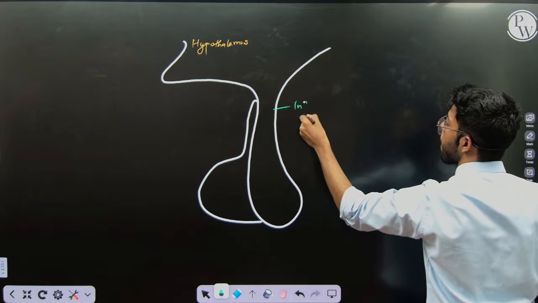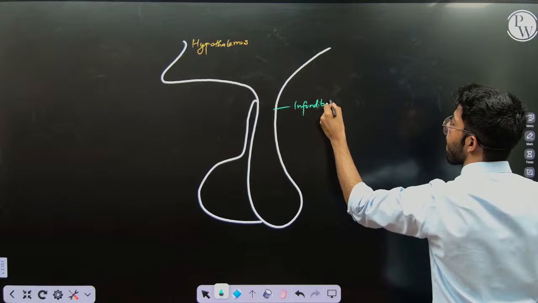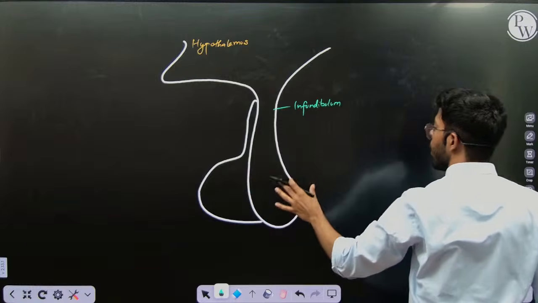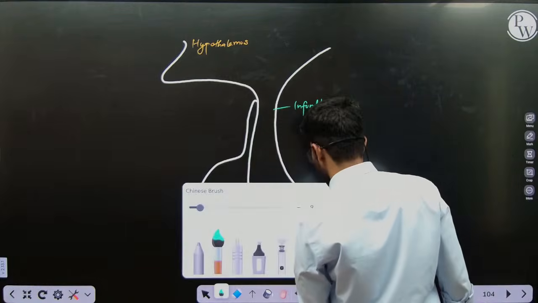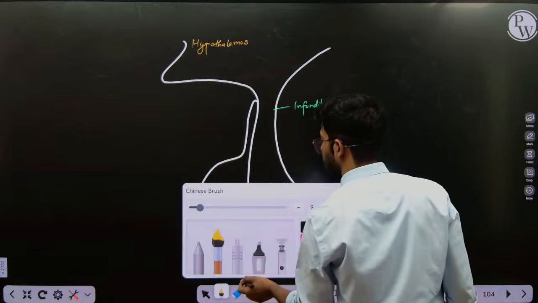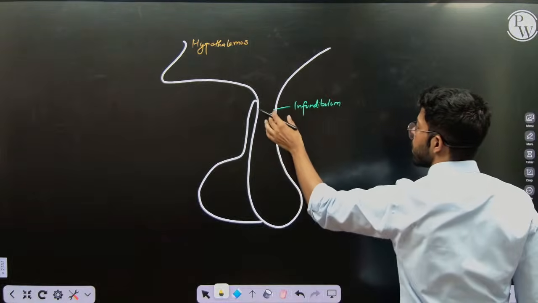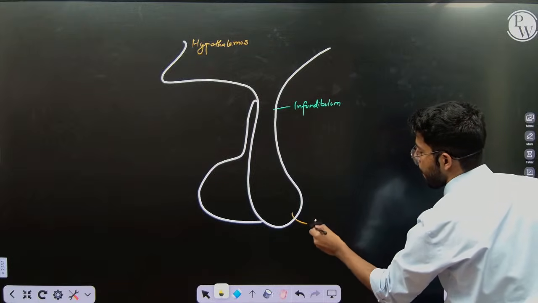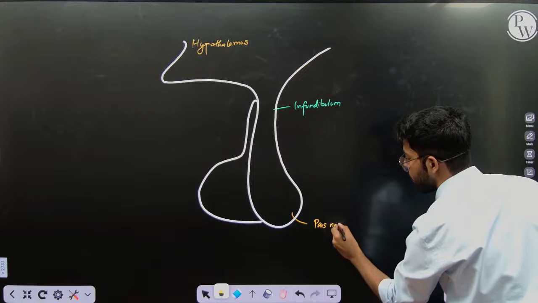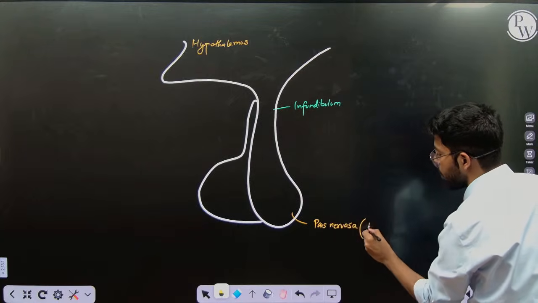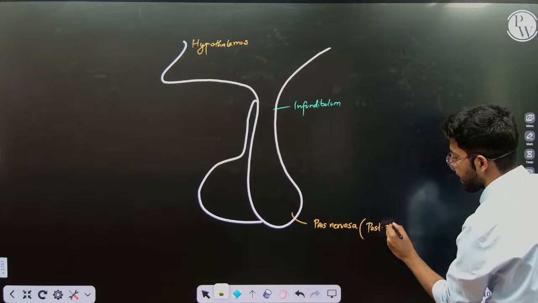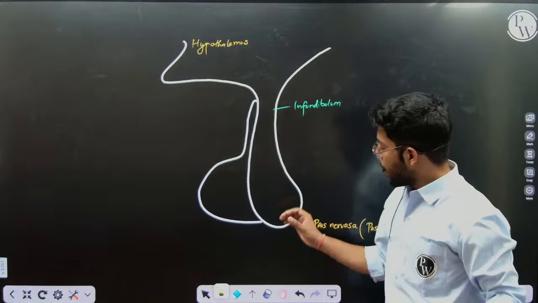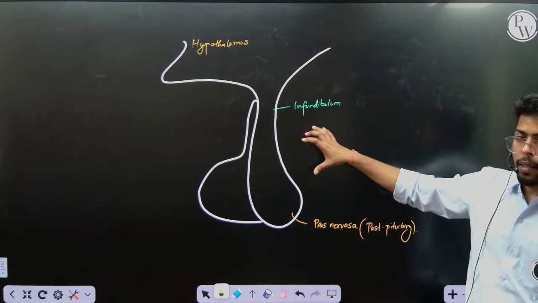The infundibulum is a stalk-like structure present between the hypothalamus and the anterior and posterior pituitary. The infundibulum, along with the pars nervosa, which is the posterior pituitary, is called the neurohypophysis.